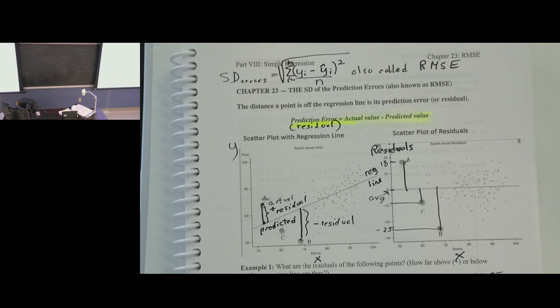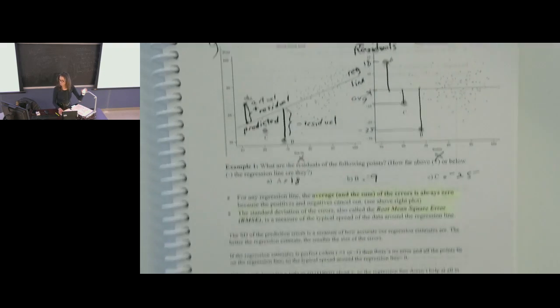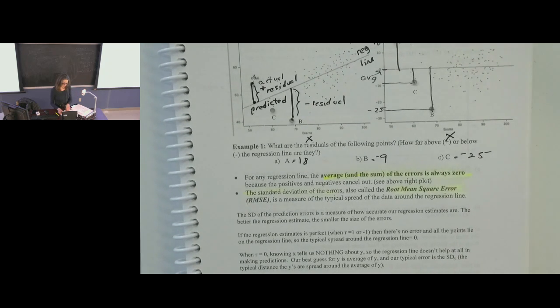Say that again? Shouldn't we change the residuals of B and C in example 1? Aren't they reversed? Oh, yeah, she's right. Thank you for pointing that out. I made an error here. Let's go back. Right here, B is the big one and C is the small one, so these two are reversed. Thank you very much. Come up after class for the extra credit point.